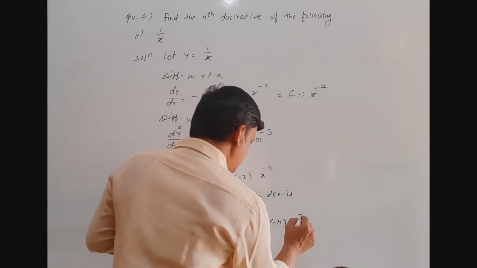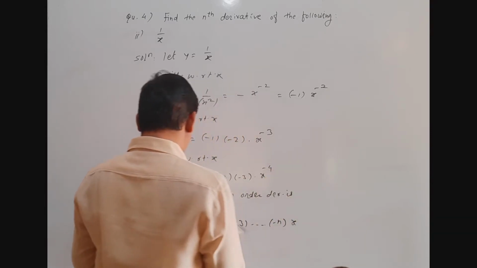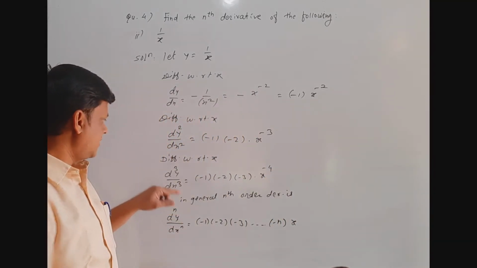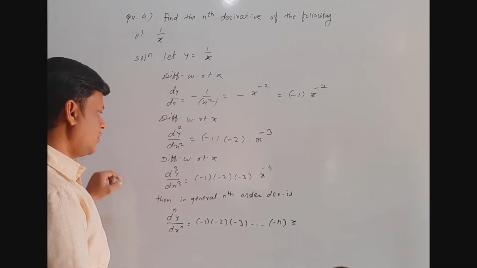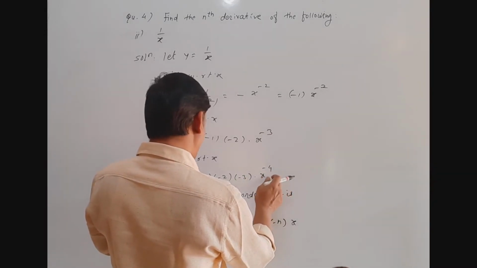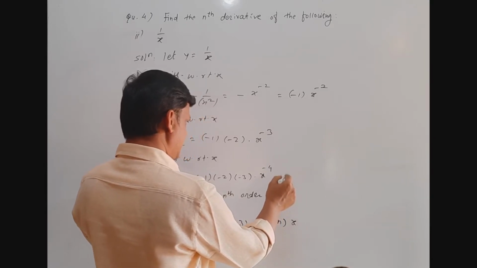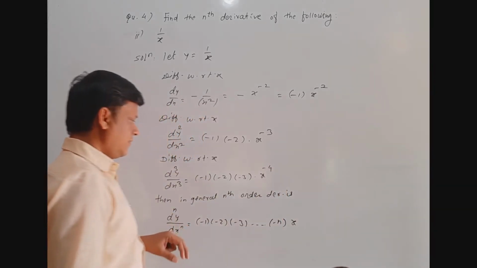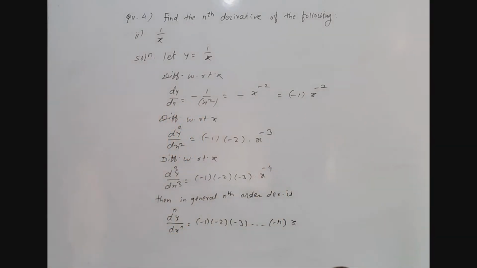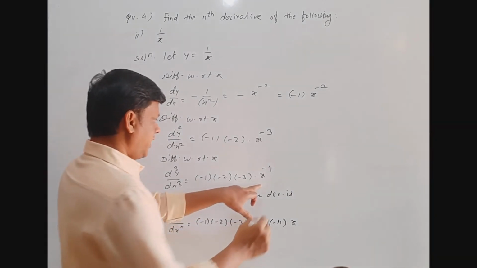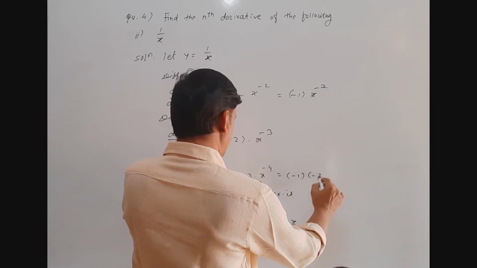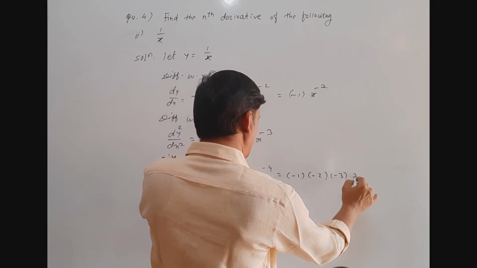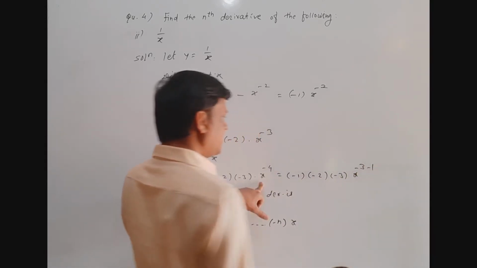Here if we observe, here the value is 3, here the value is 4, so first we write minus 1, minus 2, minus 3, x raised to the power minus 3 minus 1.